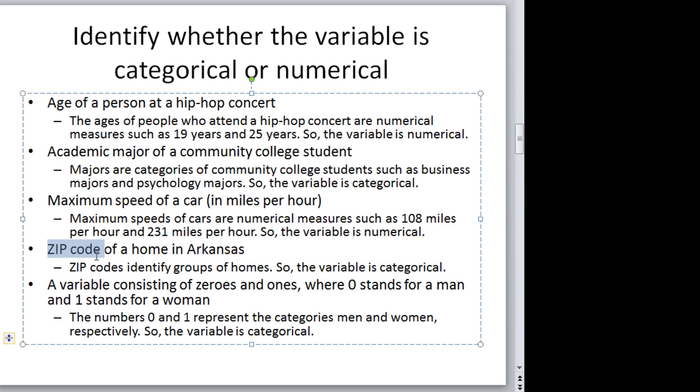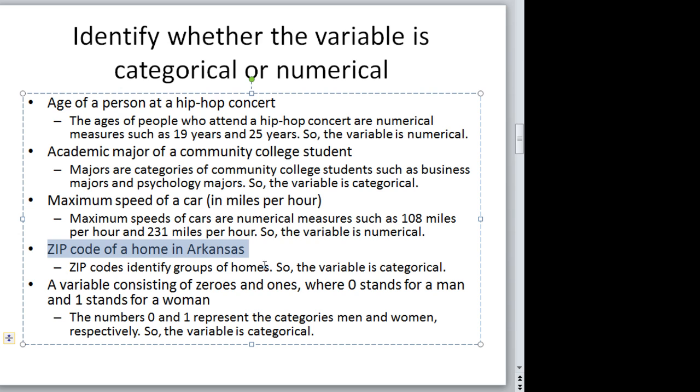Now, this is particularly confusing because most zip codes are numbers, right? But that number doesn't really have a numerical value. For example, if someone's zip code is 2000 and someone else's zip code is 1000, that doesn't mean it's twice the value of the other zip code.